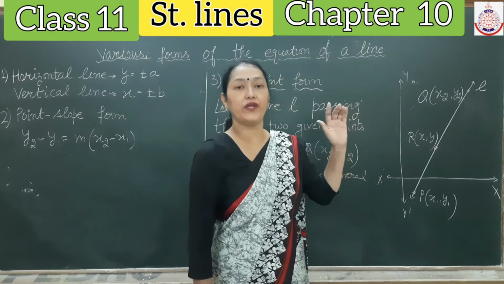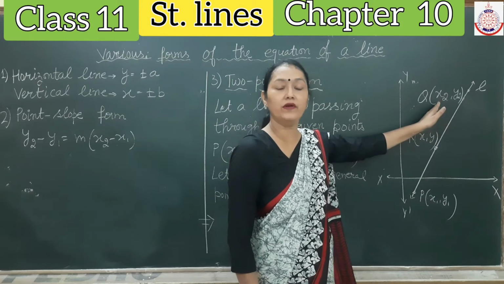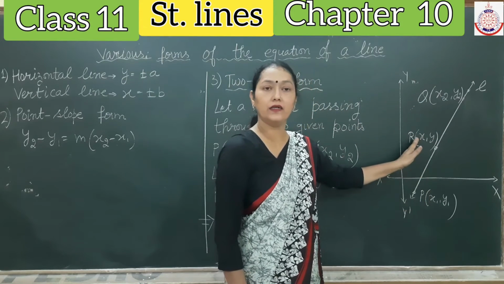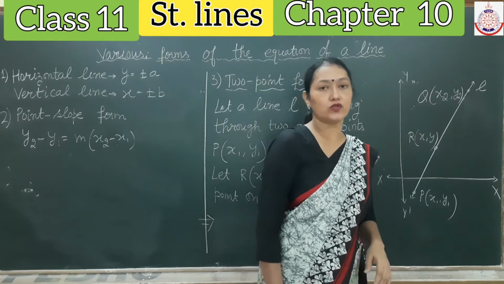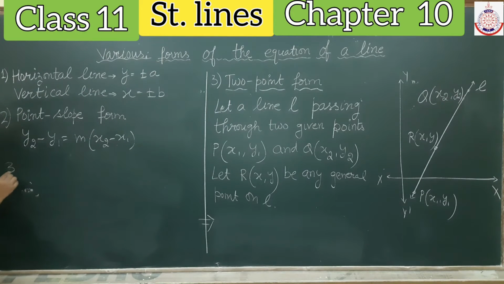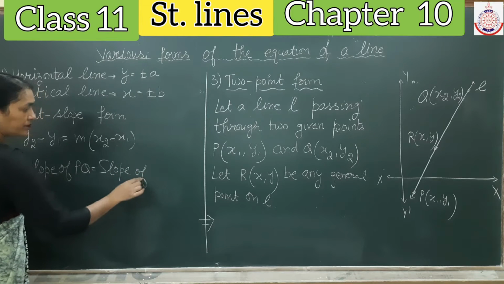As you can see, points P, Q and R are collinear as they are lying on the same line. For collinear points, we know that the slope between PQ will be the same as the slope between PR, and RQ. So using this slope formula, we can form the equation of the line, writing that slope of PQ is the same as slope of PR.